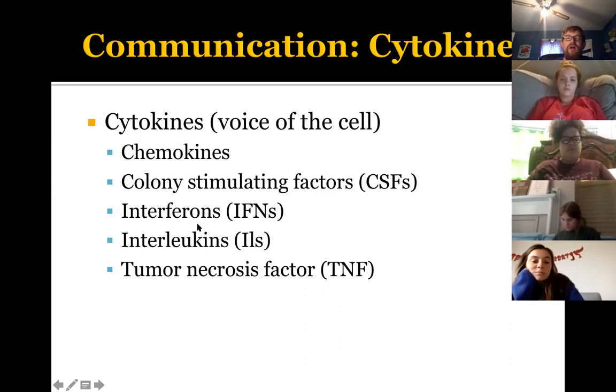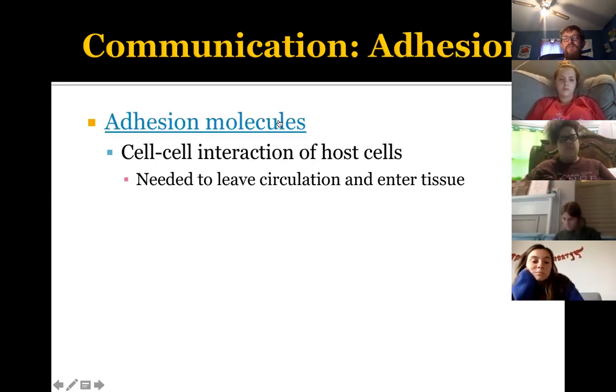You also have interferons and interleukins, and tumor necrosis factor. These are inflammatory or can be inflammatory molecules. These can be molecules that activate other cells of the immune system. So they are their voice, their communication. When a ligand binds to that receptor, this helps activate the immune system via these cytokines.